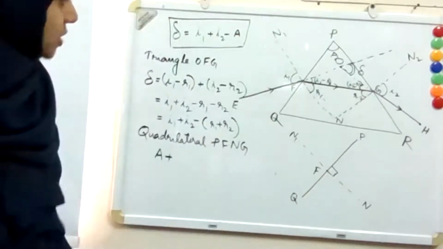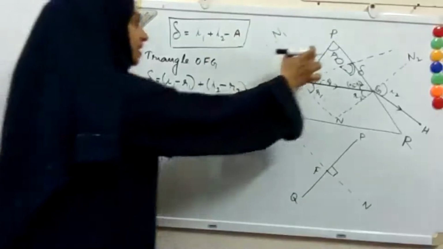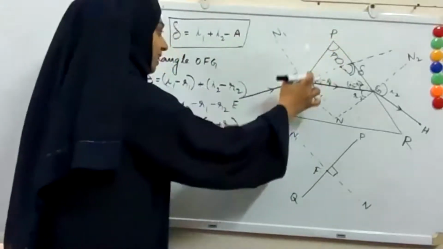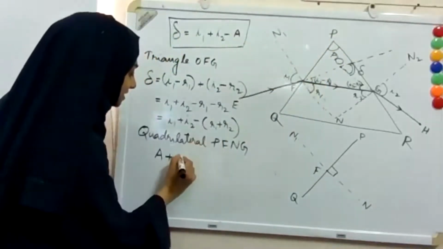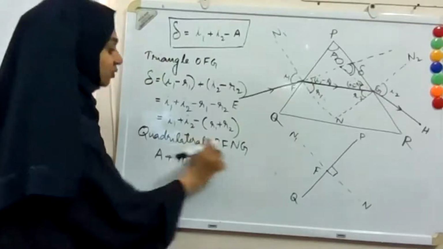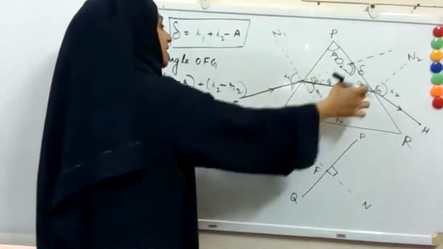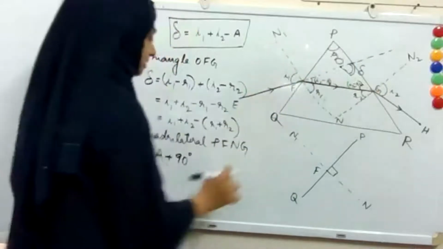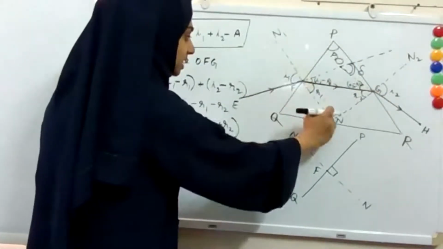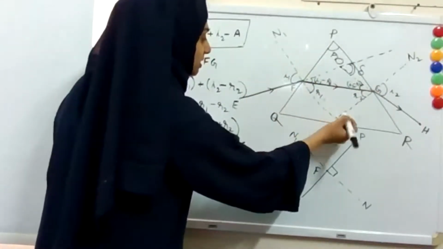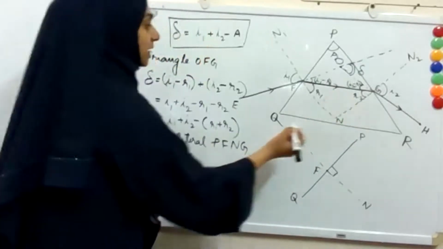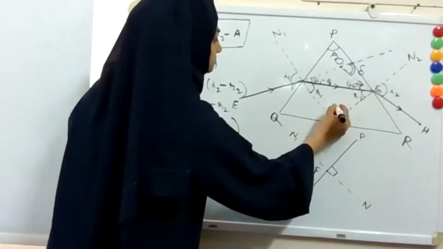So I can write one angle is A, another angle is 90 degrees, because we are considering the quadrilateral PFNG. And what about this angle? Let me express this angle as theta.